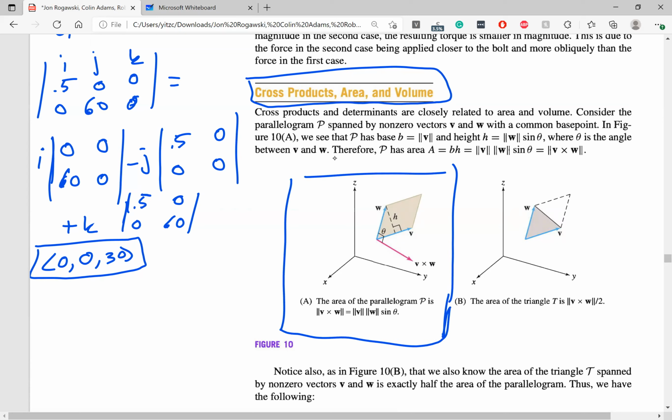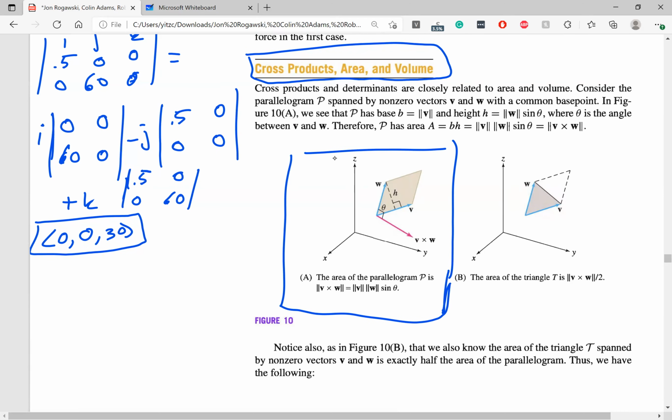If you have these two vectors, v and w, that you see in this picture, well, v cross w is orthogonal to them and pointing out. And we have this relationship that the magnitude of v cross w is equal to the magnitude of v times the magnitude of w times sine of theta. Now, sine of theta is related to this height over here, this h.